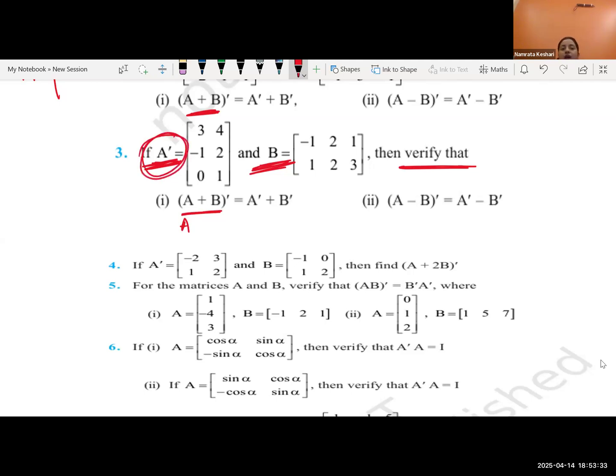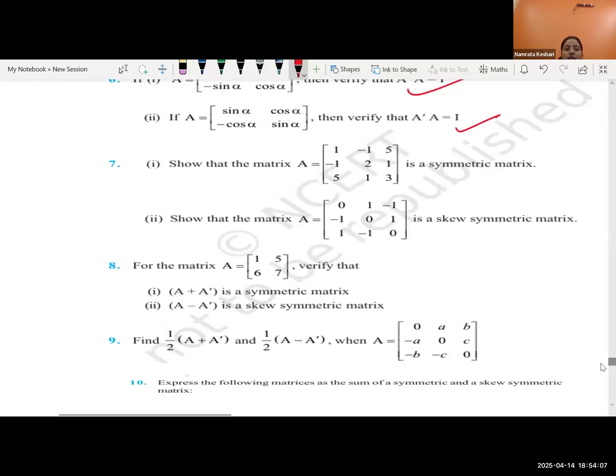So we'll find the transpose of A transpose, and we will end up getting A. Yes, ma'am. That A we can add with B, and then proceed in the same manner. Now this one, A transpose and B is given. You will be able to do this one as well, and this one also.